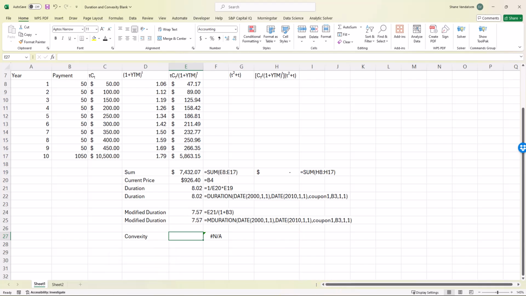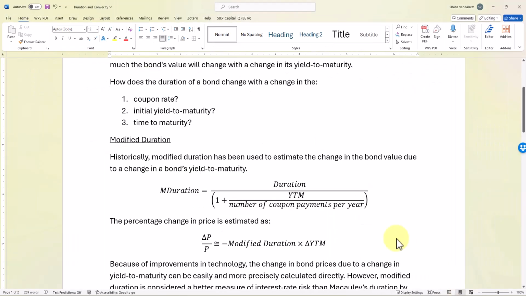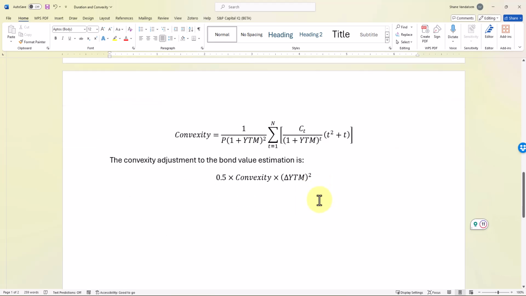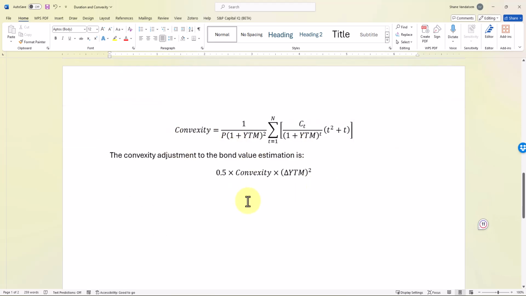And going back to our document, to calculate convexity, we need to find the sum of each of the cash flows multiplied by the value of t squared plus t, divided by 1 plus the yield to maturity raised to the power of t. We're going to take the sum of those, and we're going to multiply that sum by 1 divided by the price today, and that price multiplied by 1 plus the yield to maturity squared. Okay.